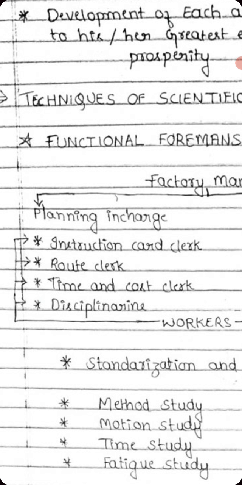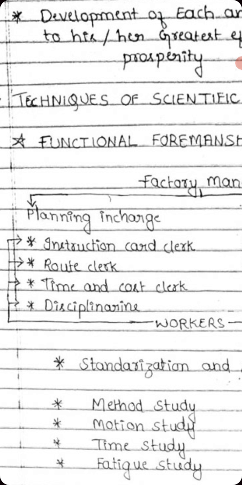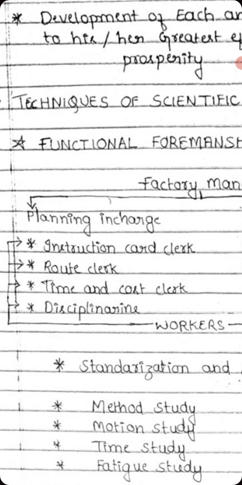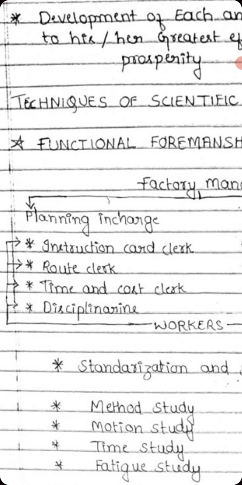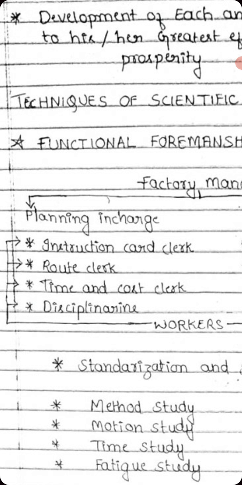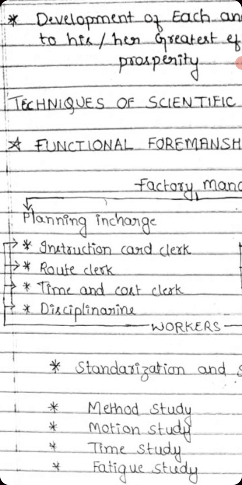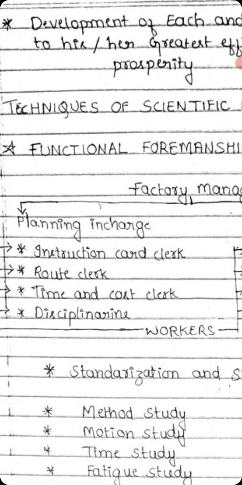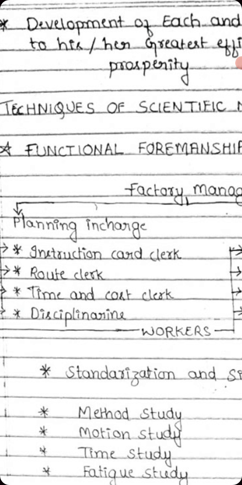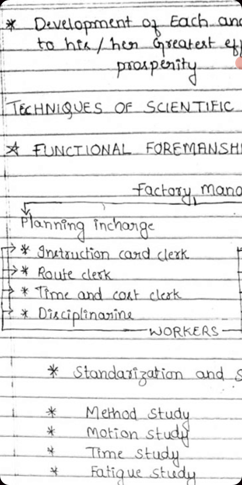The fourth one is disciplinarian. Sorry guys, here the spelling of disciplinarian has gone wrong. You may check it in your test. The work of the disciplinarian is to see that all the work occurs with discipline, under all the rules and regulations of the organization.